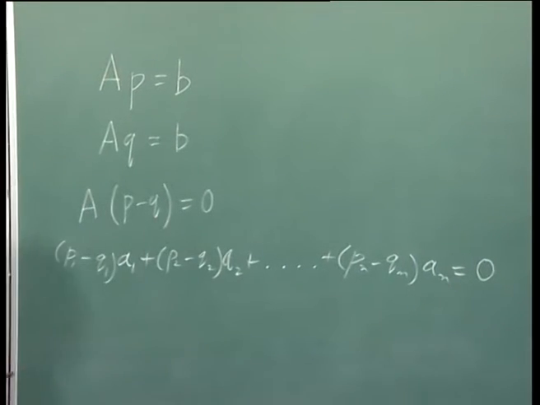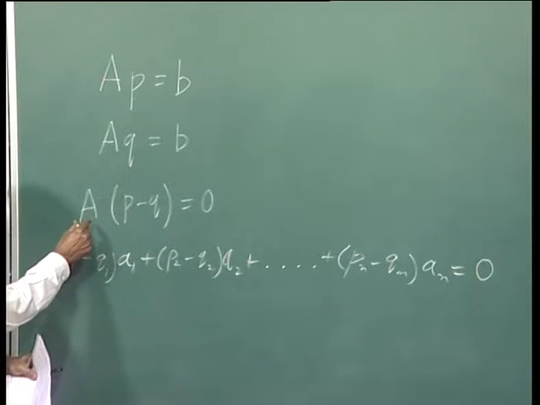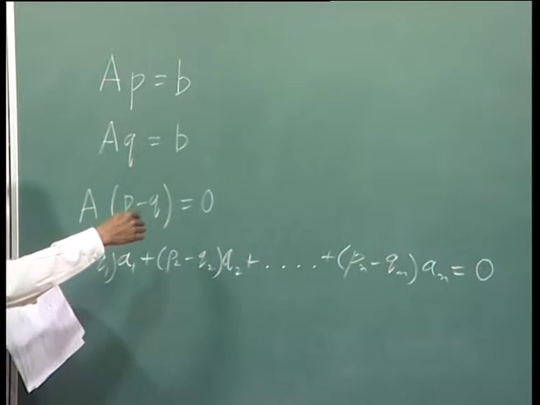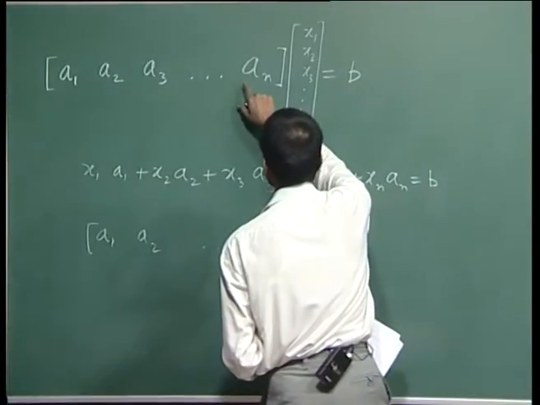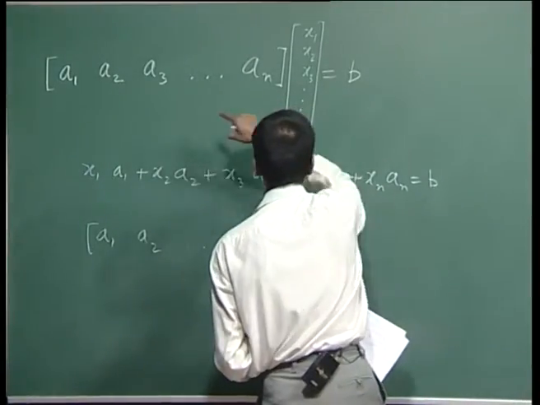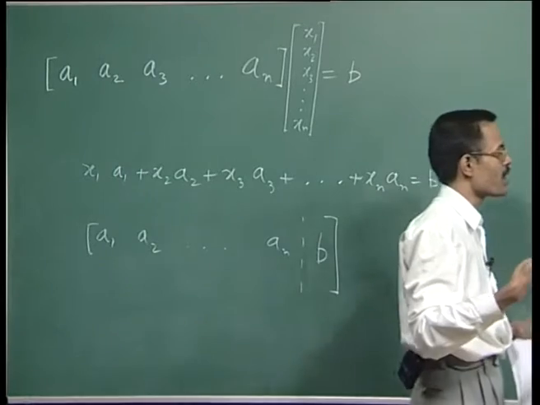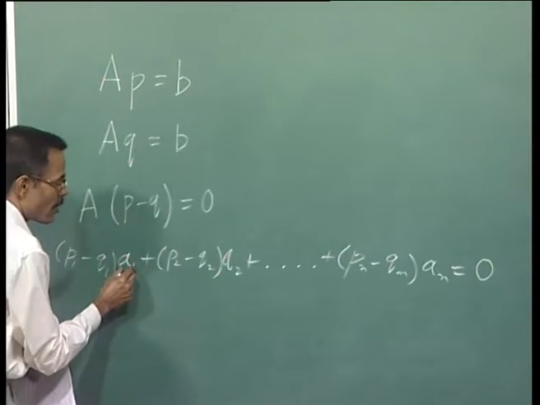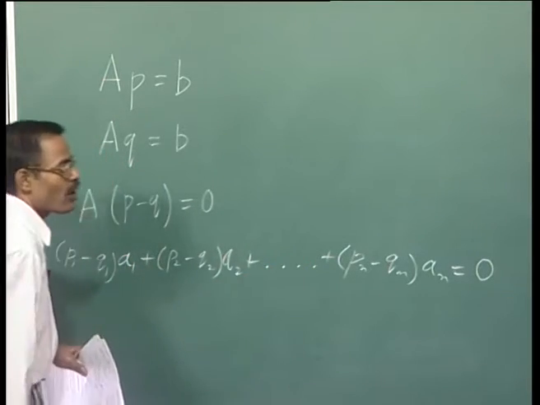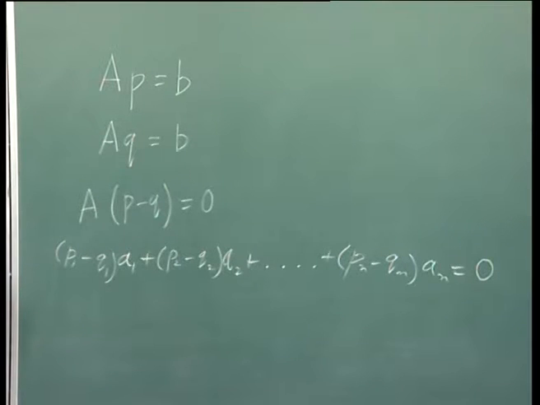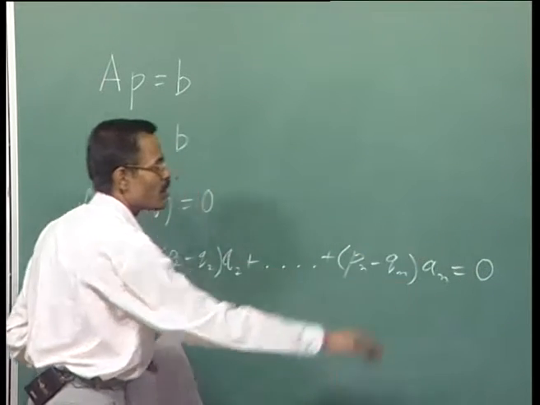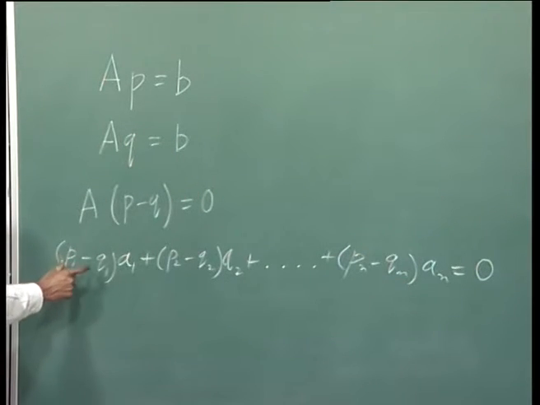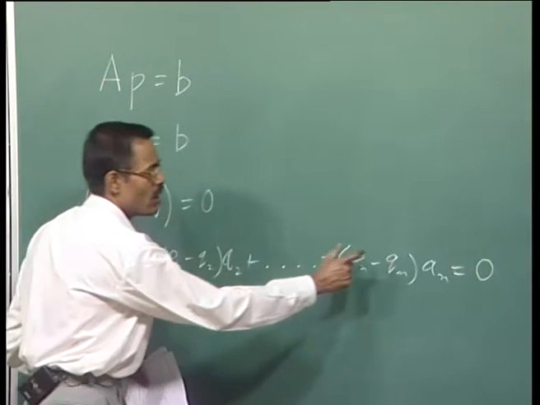Now, we know that since the matrix A has full rank n and it has only n columns, that means all these n vectors are linearly independent. Now, if A1, A2, A3, etc. are all linearly independent, then from the definition of linear independence, we know that this sum equal to 0 will mean that individually these coefficients are all 0.